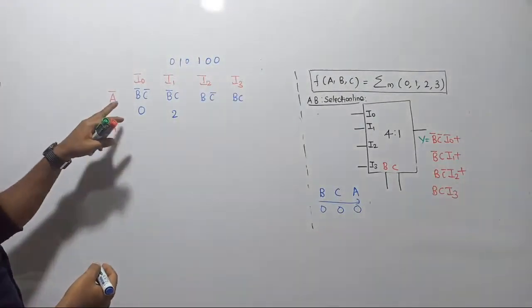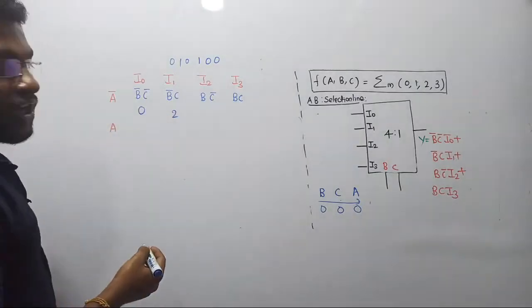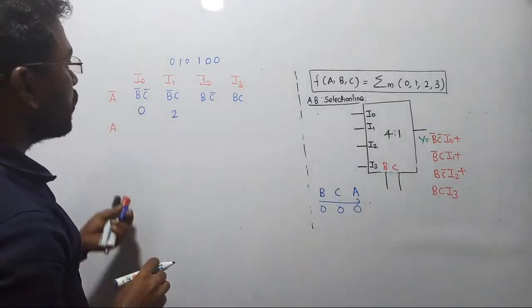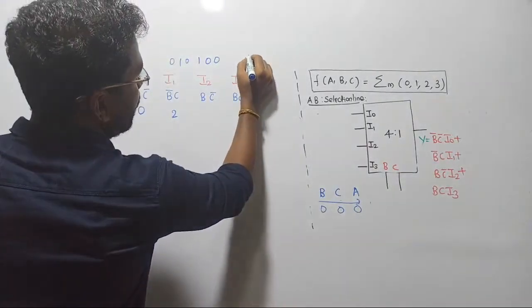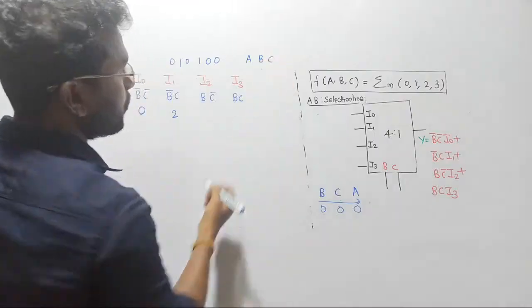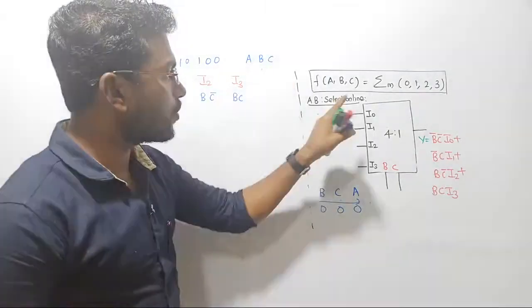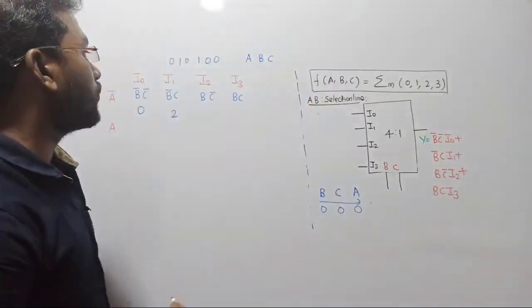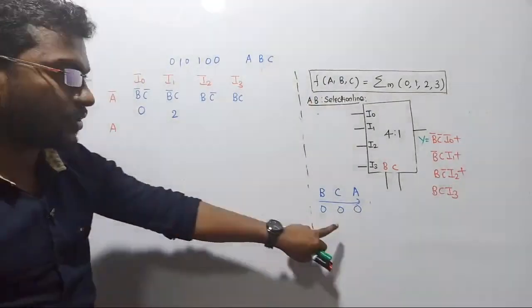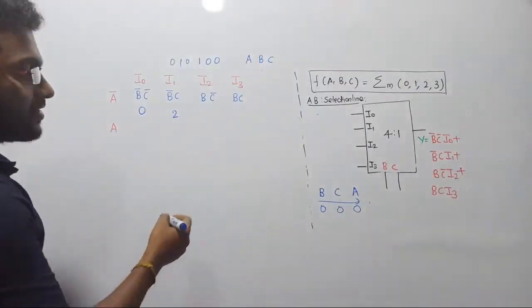So if I consider 1 0 0, then what am I going to get? You will have to compare this with our original variable. Originally ABC is our original variable, so ABC is the actual format, but we are going with the opposite format. So BCA is our format.